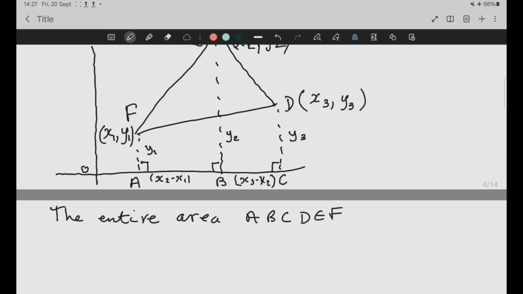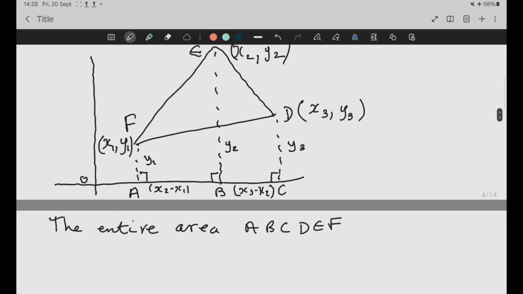One on the left, which is AFDB, and one on the right, which is BEDC.